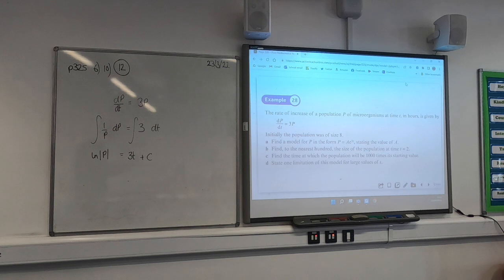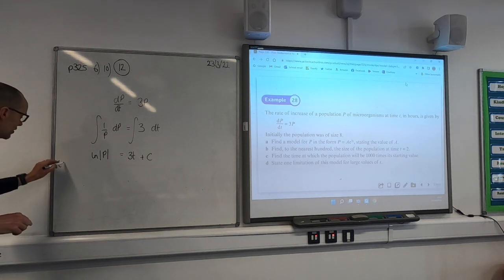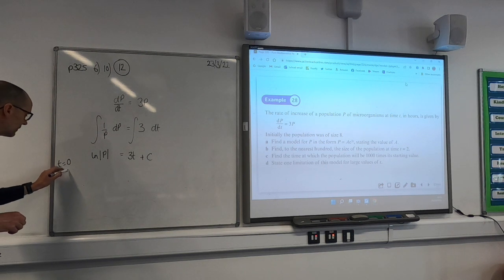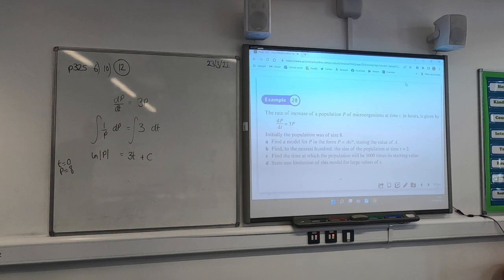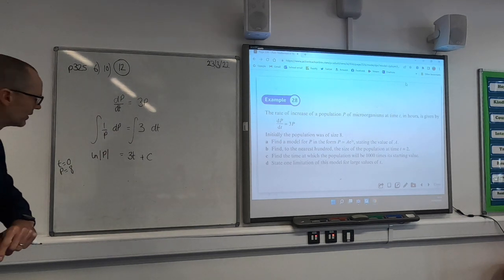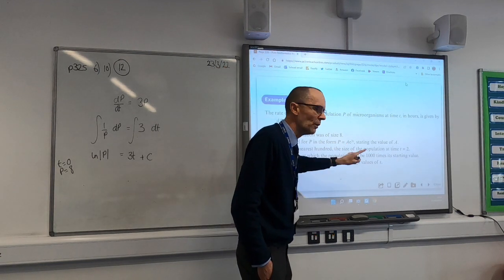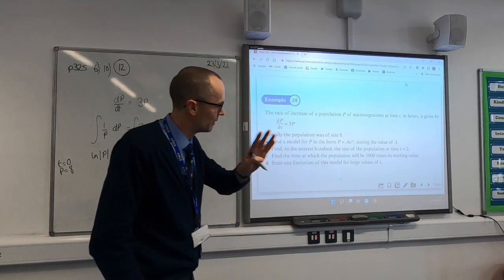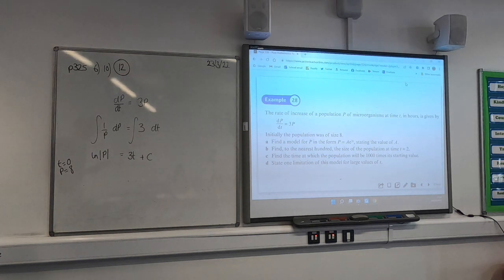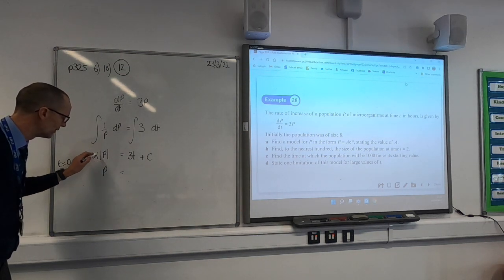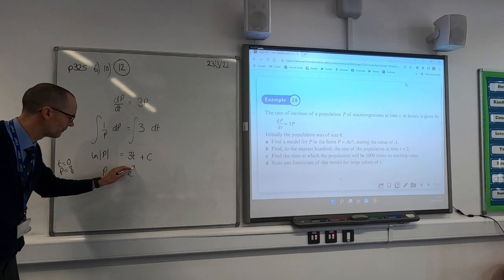Now I've got a boundary condition. Initially, it's a magic word. But do I substitute it at this point, or am I better off exponentiating both sides? Well, let's look for something in the question that gives us a bit of a hint. They don't want it in terms of ln p, they want it in terms of p. So at this point, I'm going to exponentiate both sides, and that just removes the need for the modulus sign.